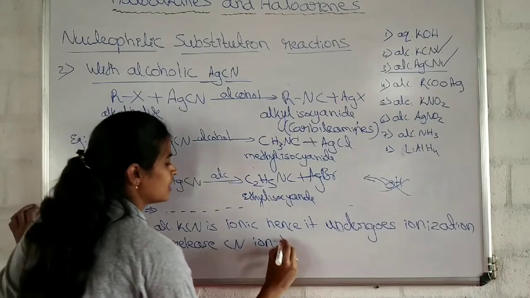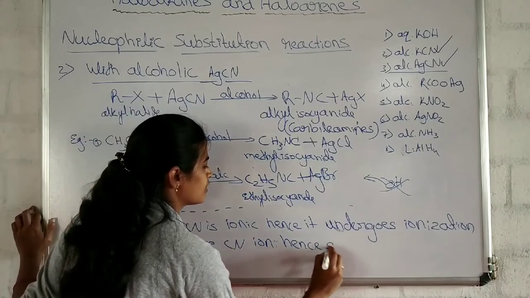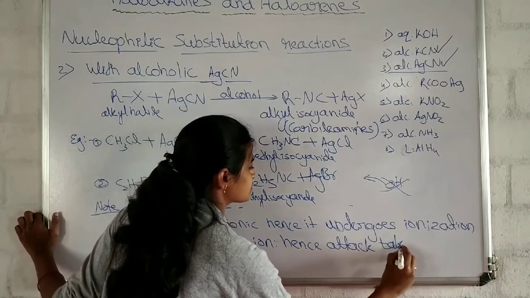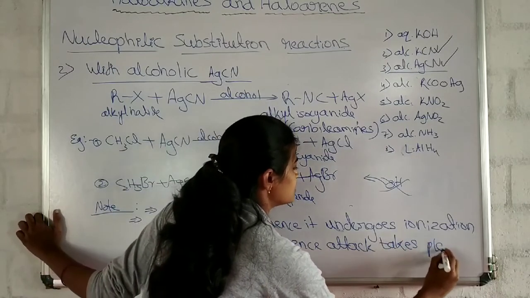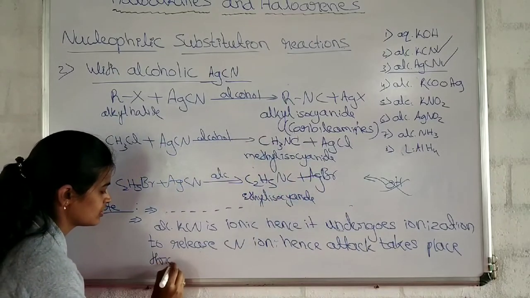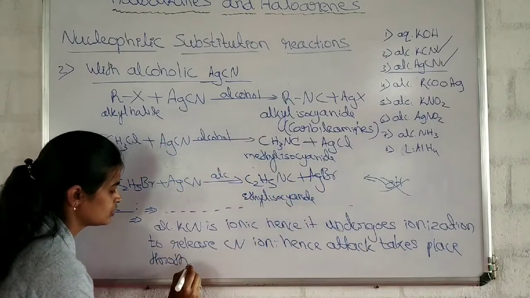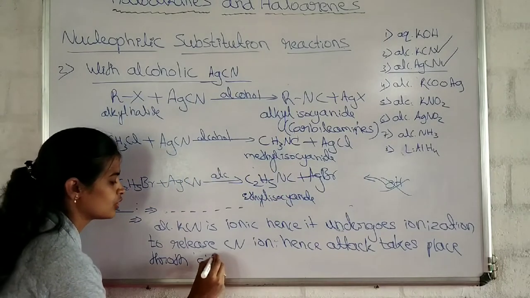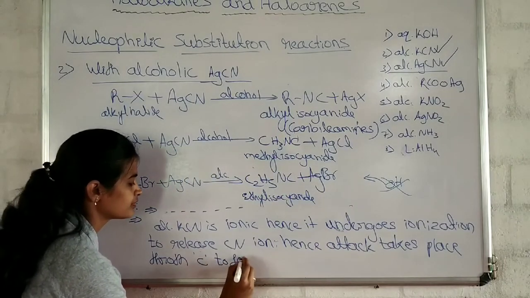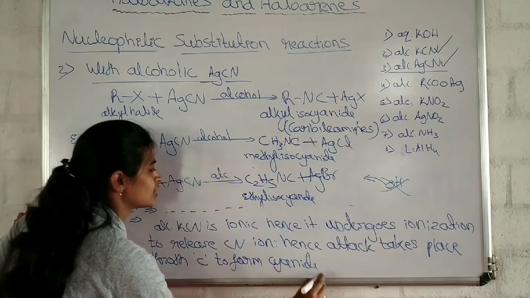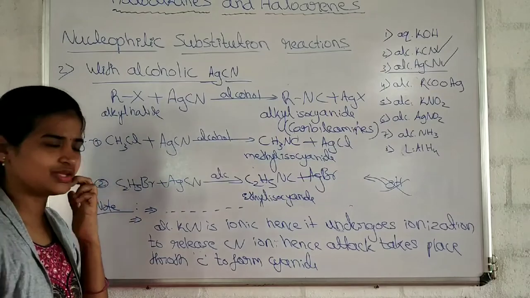Hence attack takes place through carbon to form cyanide. Okay, it looks lengthy but very easy to understand.